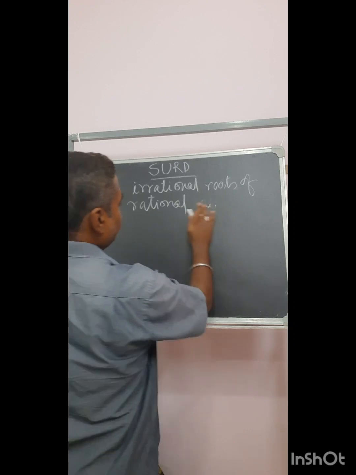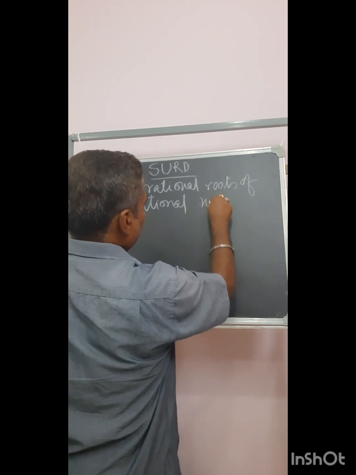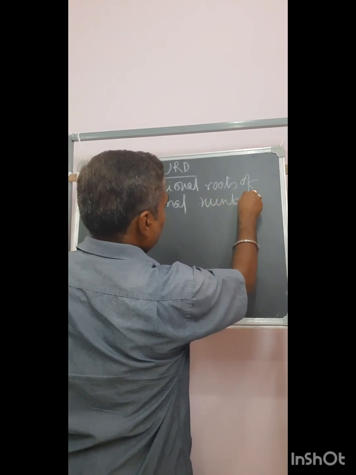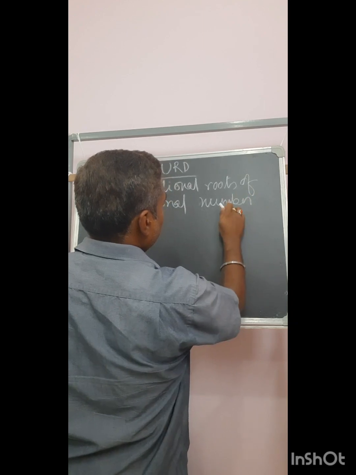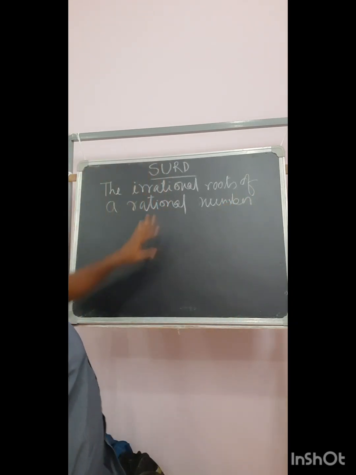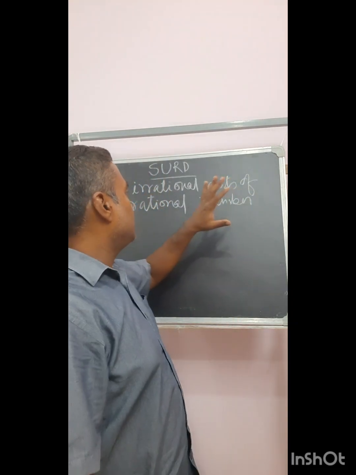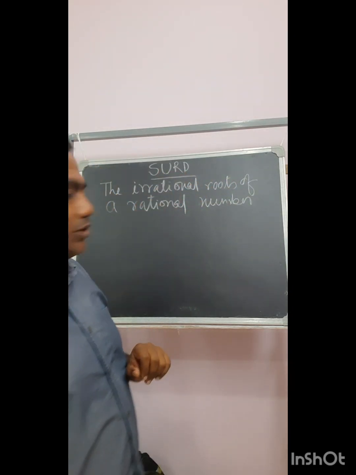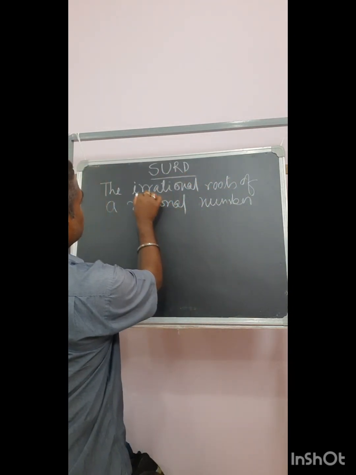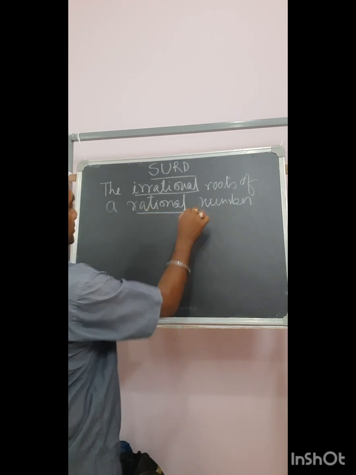This I find the simplest of all available definitions of a surd. It is the simplest one, but to understand it, you have to understand two terms, that is irrational and rational.